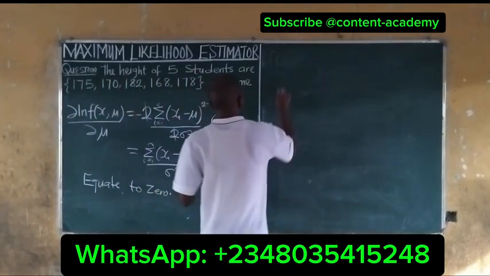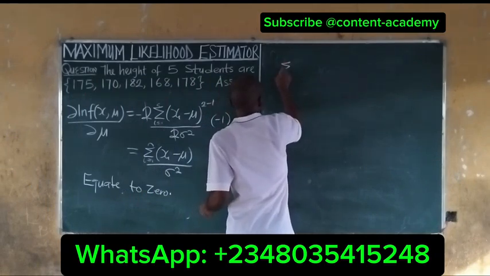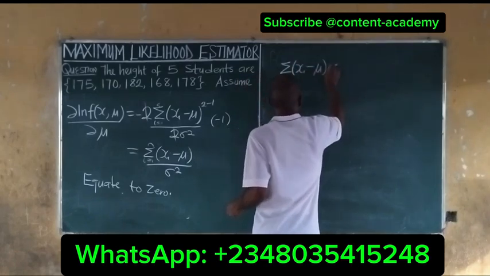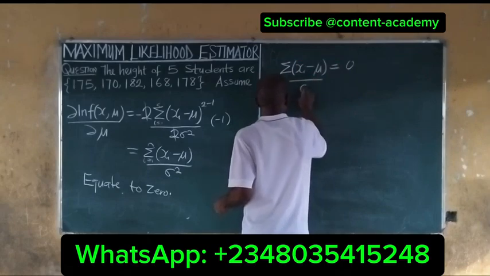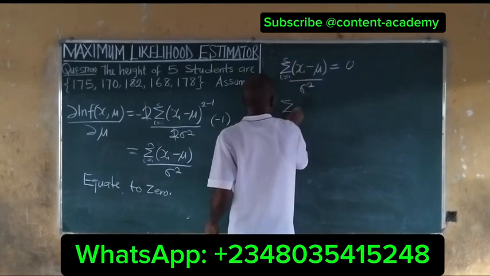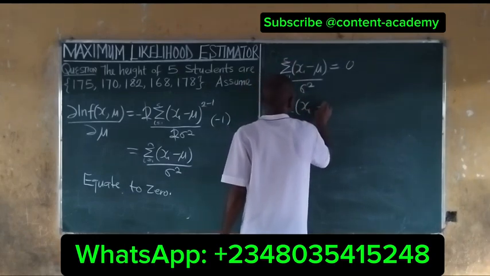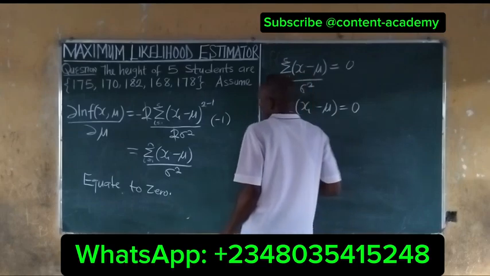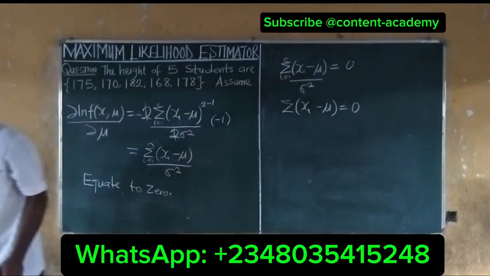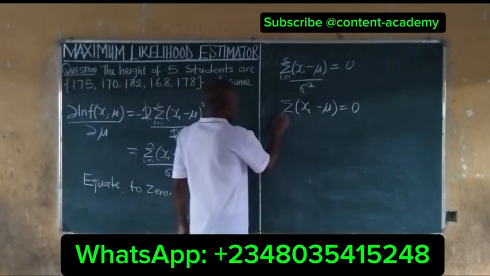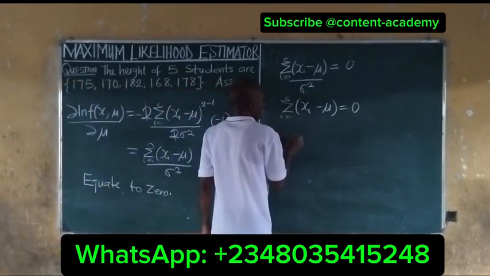So equating to 0, we have summation of (xi minus mean) equal to 0 all over sigma squared, i running from 1 to 5. Which is the same thing as summation of (xi minus mean) equal to 0, i running from 1 to 5.